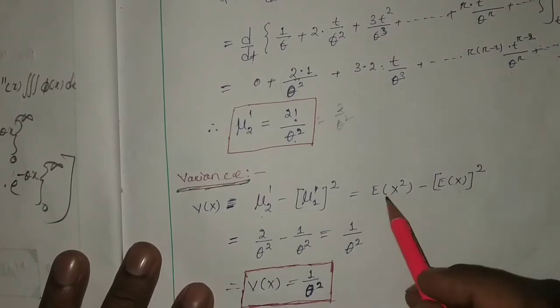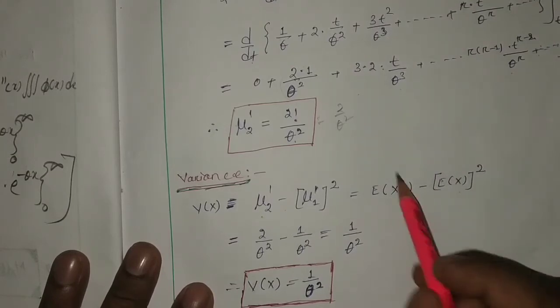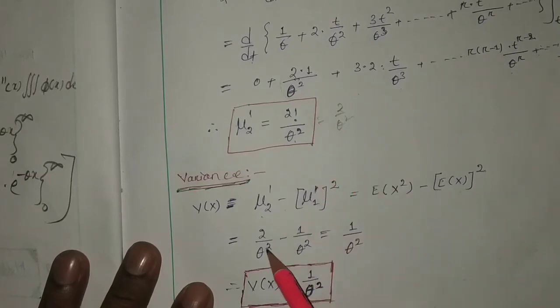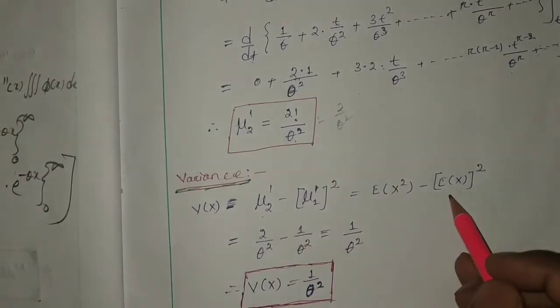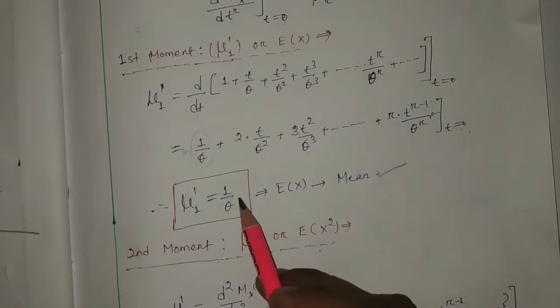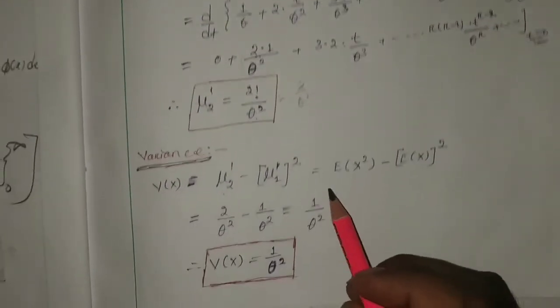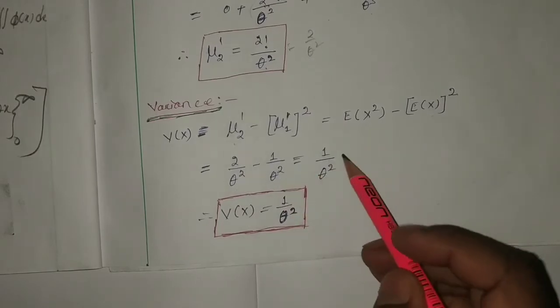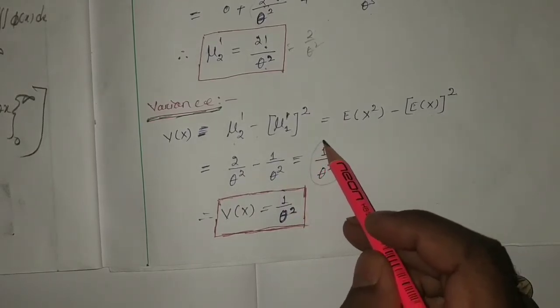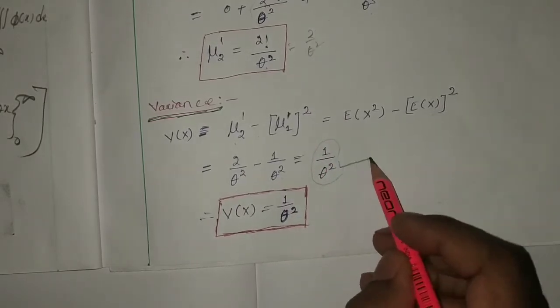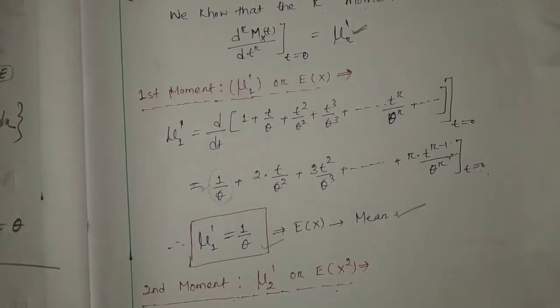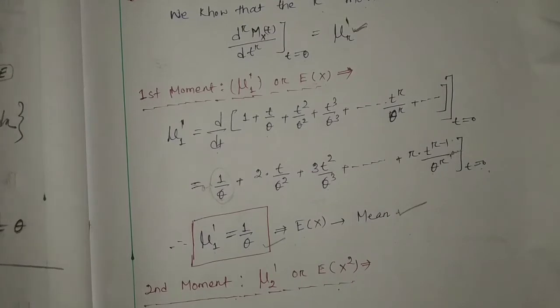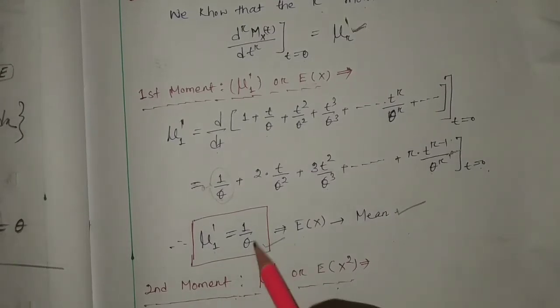We found E of x square, the second moment, is 2 by theta square, minus the first moment 1 by theta squared, that is 1 by theta square. So we found the variance is 1 by theta square, and the mean of the exponential distribution is 1 by theta.